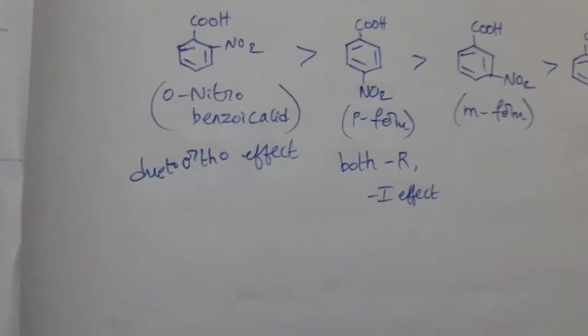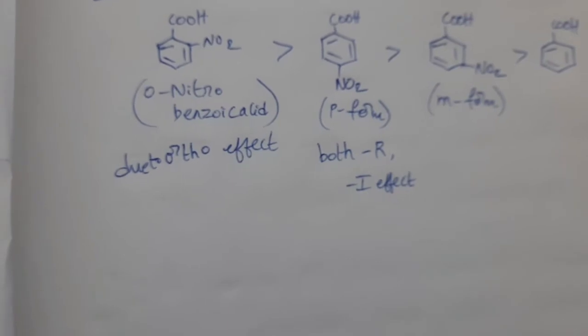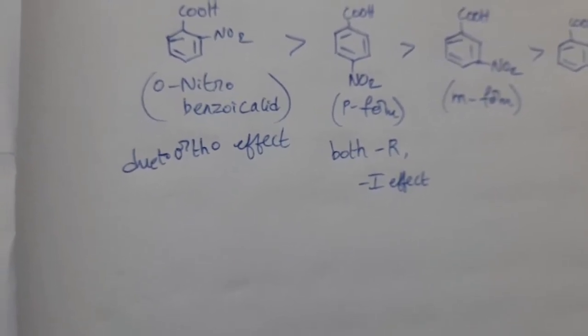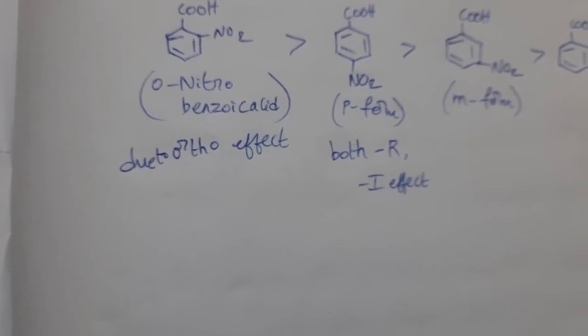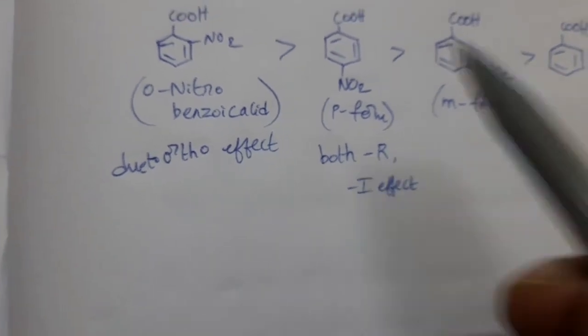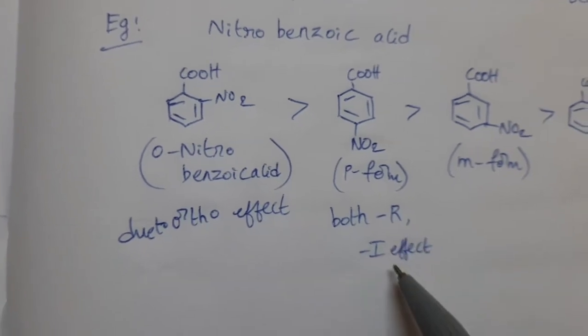Now just remember resonance. Just like the inductive effect, the resonance effect is also of two types, minus R effect and plus R effect. Minus R means negative resonance effect, plus R means positive resonance effect. In this para form, the NO2 group can exhibit both negative resonance effect and negative inductive effect.